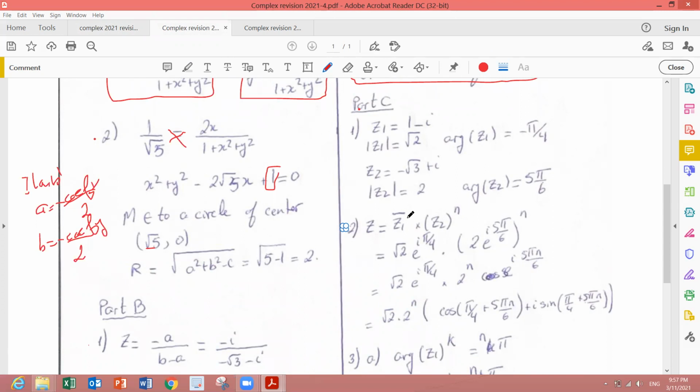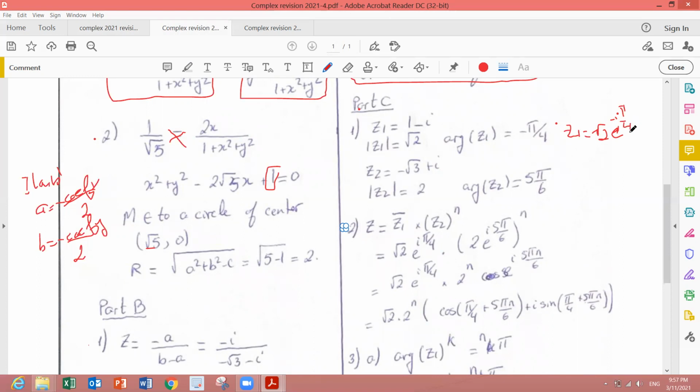So Z1, I can write it in the exponential form, it is radical 2 e to the minus i pi over 4.